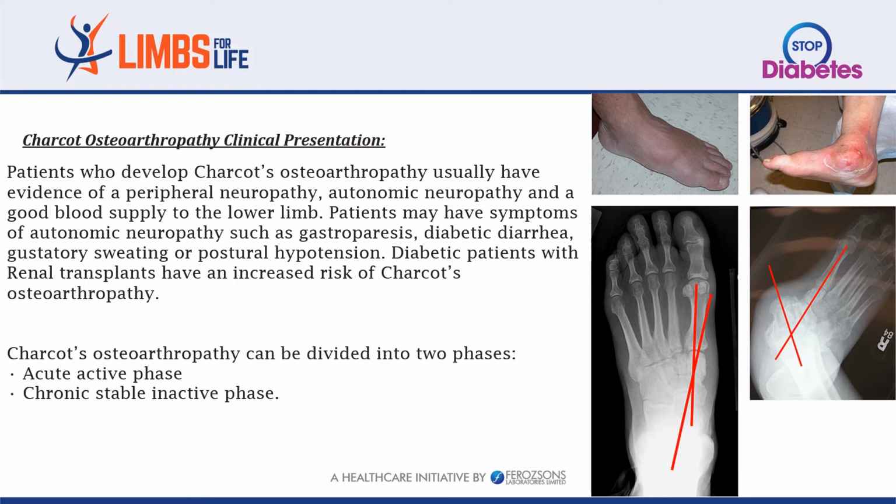Patients may have symptoms of autonomic neuropathy such as gastroparesis, diabetic diarrhea, gustatory sweating, or postural hypotension, that are all complications of uncontrolled diabetes. Diabetic patients with renal transplant have a high risk of Charcot osteoarthropathy, and it is divided into two phases: acute active phase and chronic stable inactive phase.